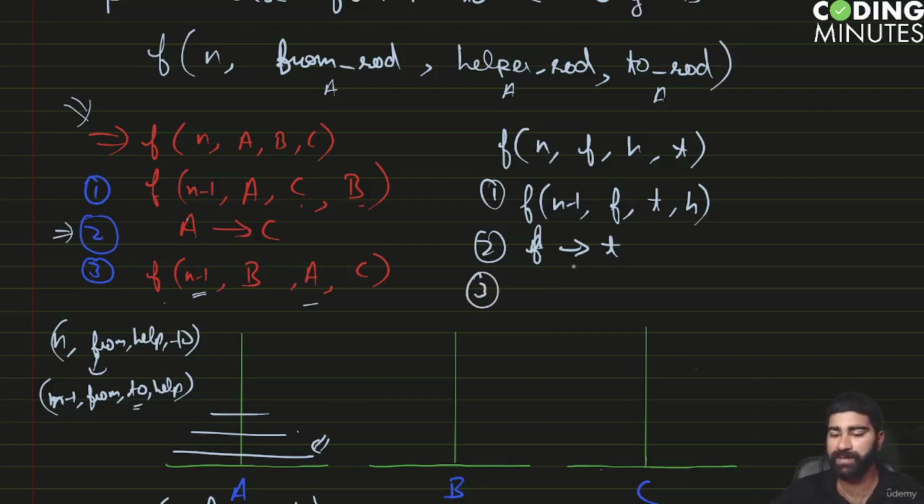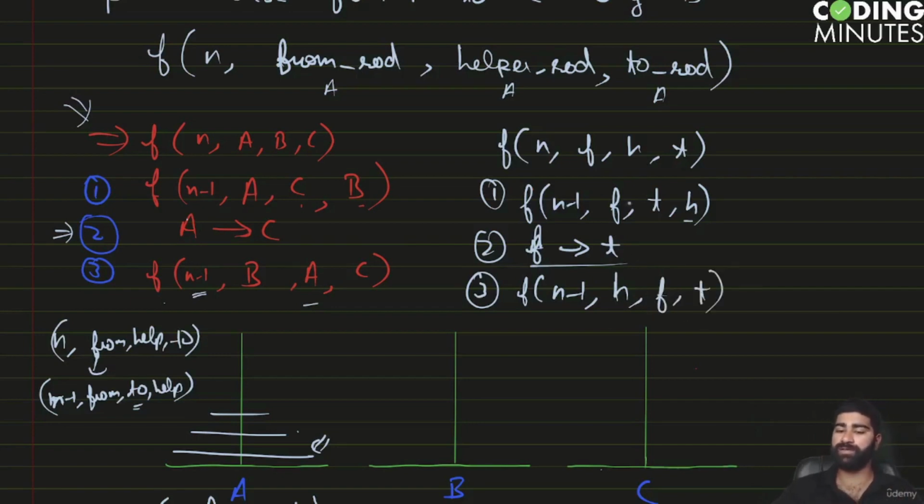Now what's the third step? Those n minus 1 disks are kept and waiting on the helper rod, right? So pick them from the helper rod, use the current rod, which is the from rod, which is now empty because we have made this move, and move them to the to rod.